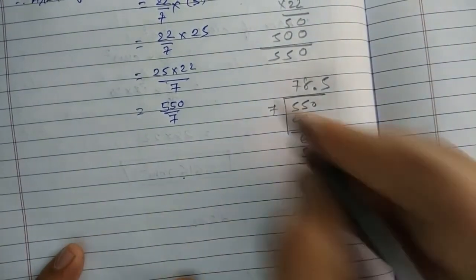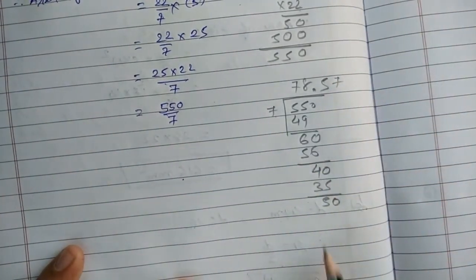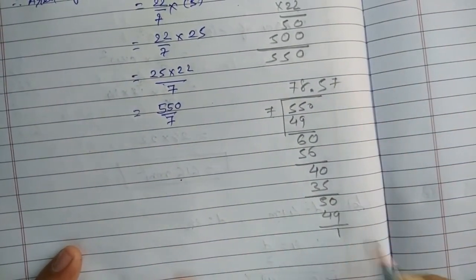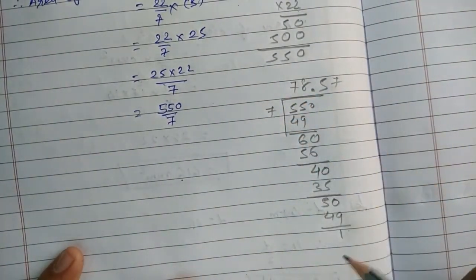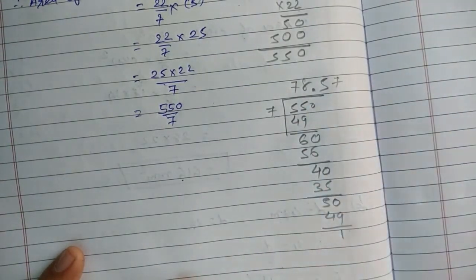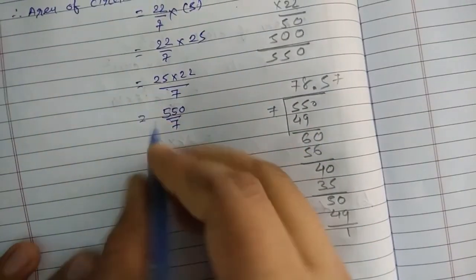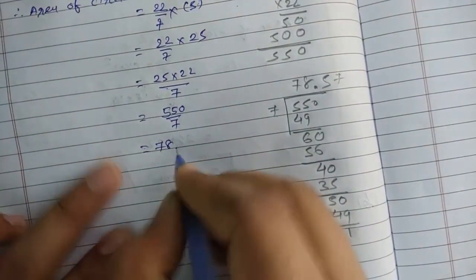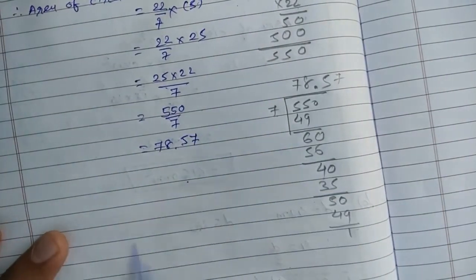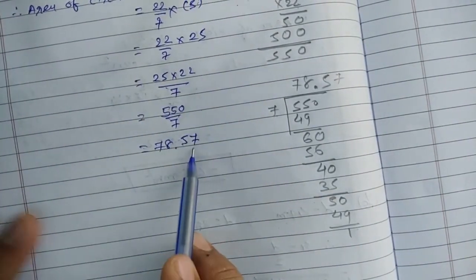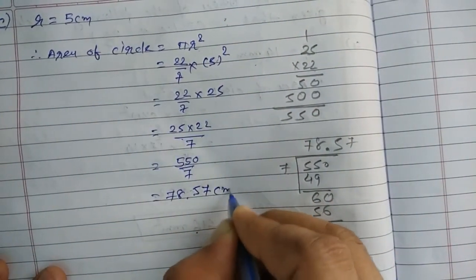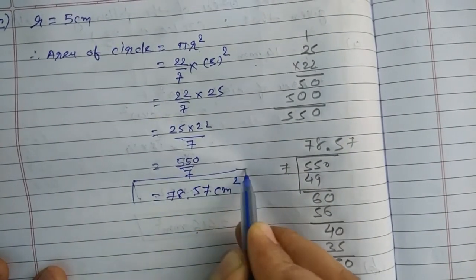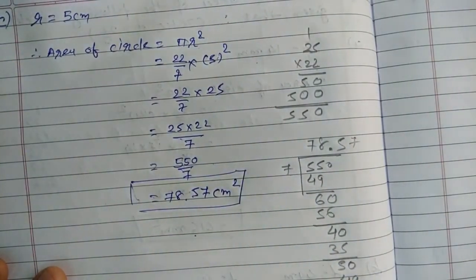We will put 0 again. 7 7s are 49, again 1, and then 0. So this division will go on and on. That's why we will take the answer to two decimal places, that is equal to 78.57. So area of circle is 78.57, and what is the unit? Here the radius is in centimeter, so the unit for area will be centimeter square. 78.57 centimeter square.